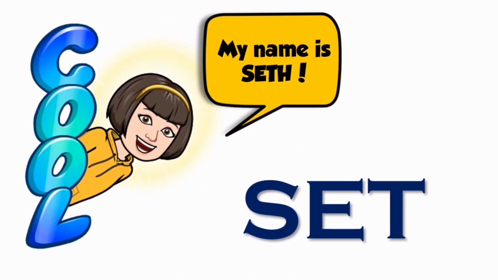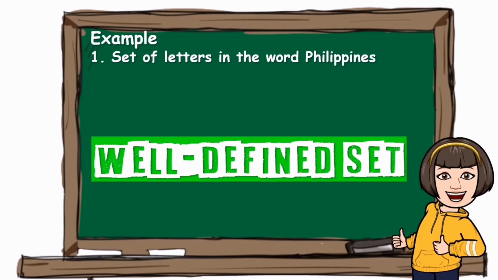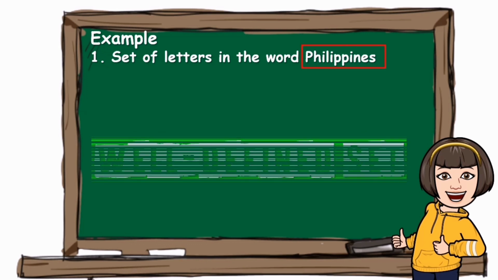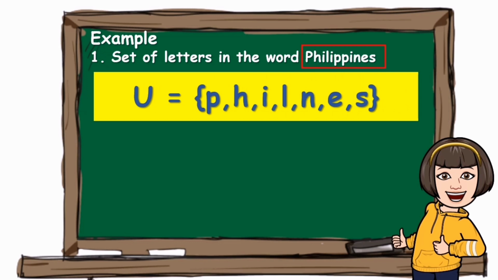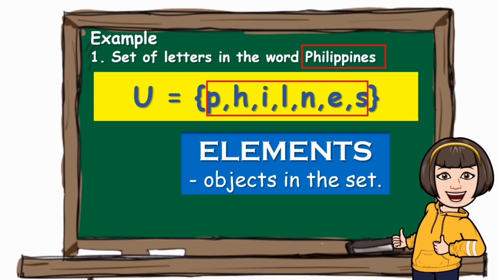Cool! Set sounds like my name. I want to learn more about sets. As we have said, the set of the letters in the word Philippines is a well-defined set. Therefore, we can list down all the members of this set. The objects in the set are called its elements.